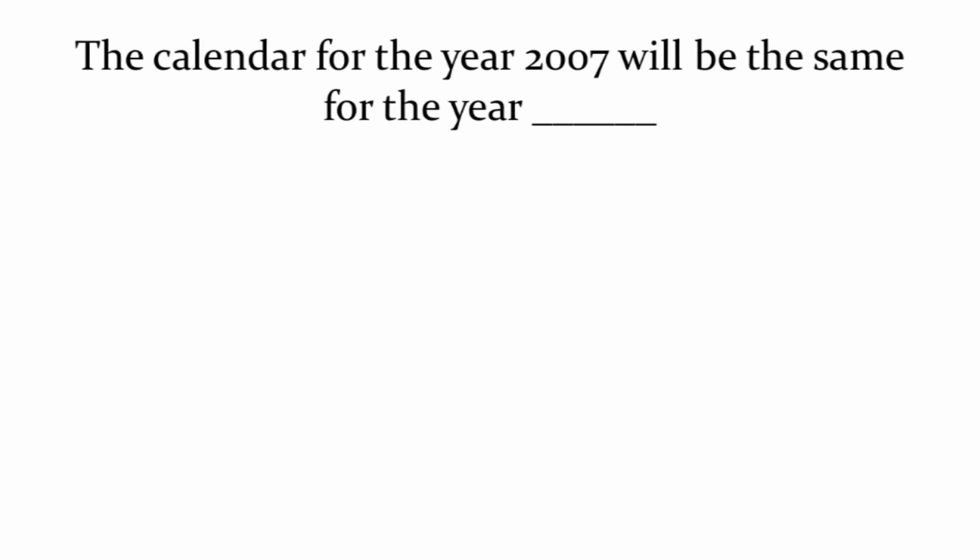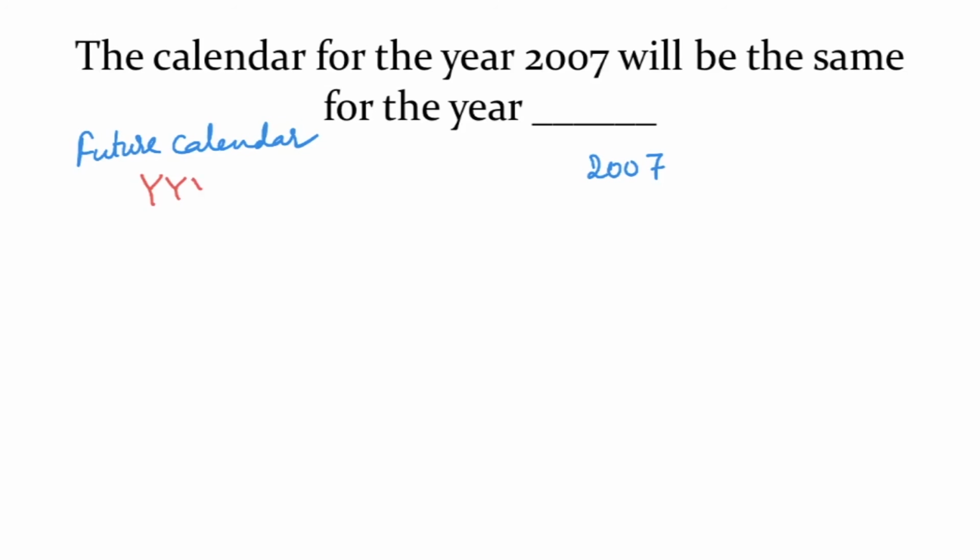The calendar year for 2007 will be the same for which year? You can use the 2007 calendar in which year? To know the future calendar of a specific year, do one thing.